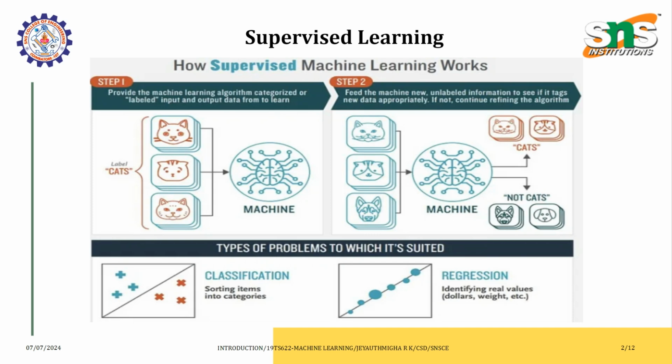So, we give categorized or labeled input. We train the ML algorithm initially. This is the training data set. And then the second step is we test the ML algorithm with the unlabeled information, and the ML algorithm will classify it in the labeled form appropriately.